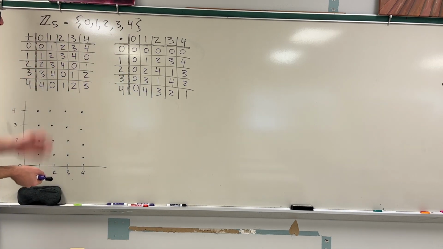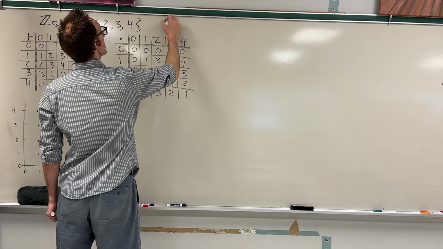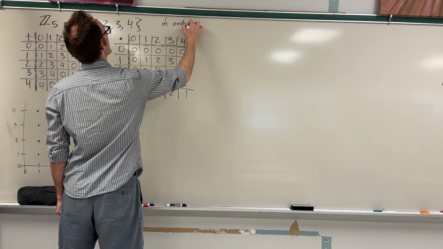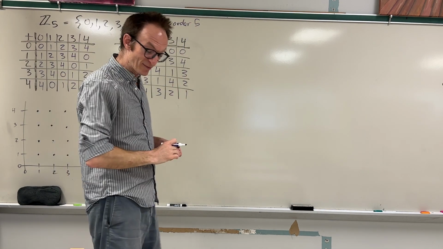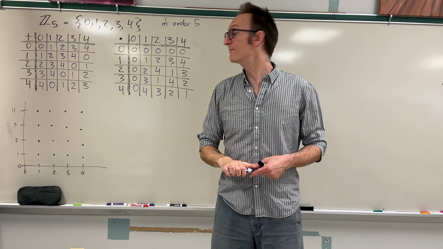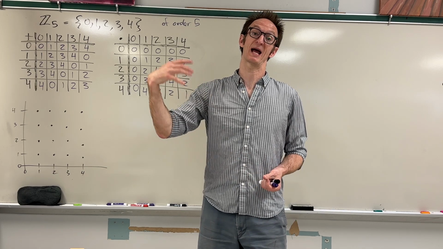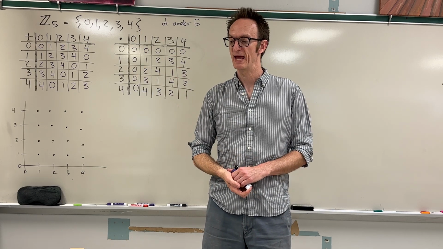This is called a finite field. And here we say this is a finite field of order 5. And the finite field of order 5 is the finite field with 5 elements. Whenever n is a prime number, there exists a finite field for that number.